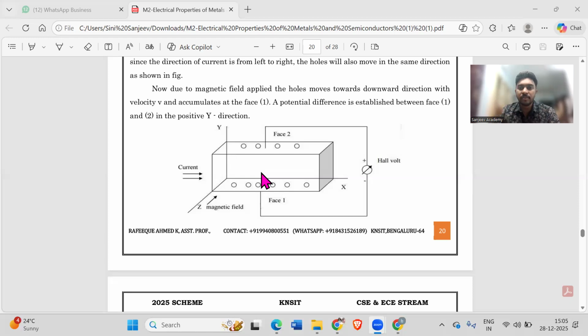Due to this Hall effect, Hall voltage is produced, so the produced Hall voltage changes, and then the orientation also changes. So it is basically mobile phone rotation, and not only that, we can say even the compass also.